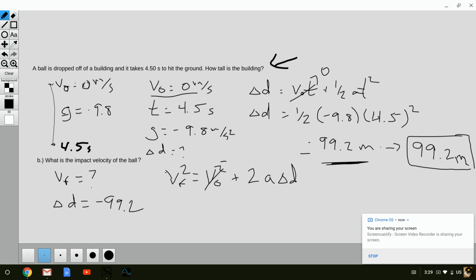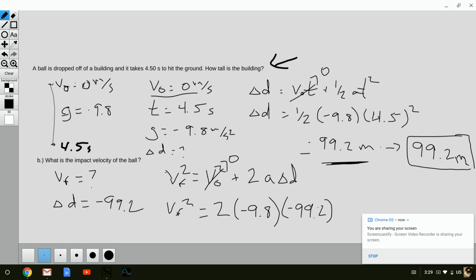Again, our initial velocity goes away. So VF squared is equal to 2 times negative 9.8 times negative 99.2.